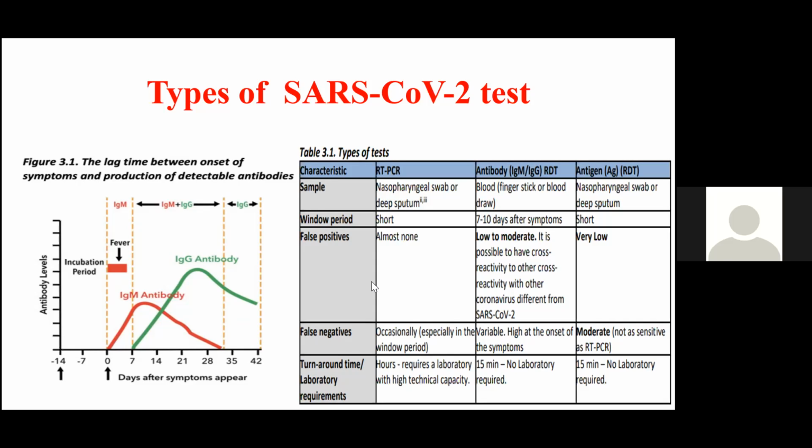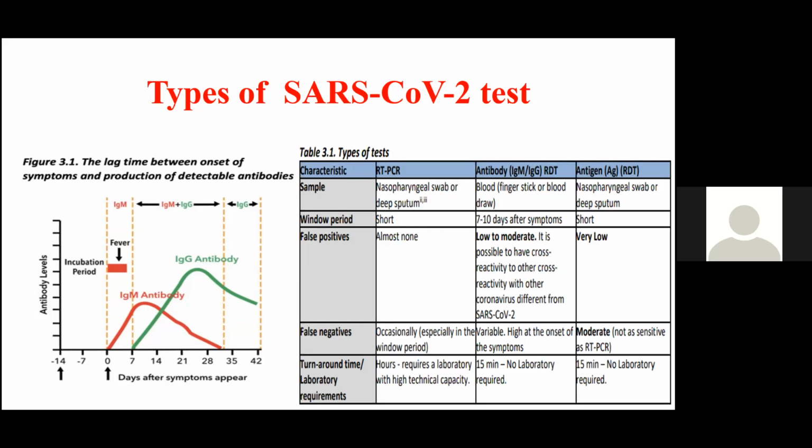As we were saying, according to the time the patient has had symptoms, there is a production of detectable antibodies, meaning that you may do those rapid tests while antibodies or antigen are not yet enough to be detected by the test.